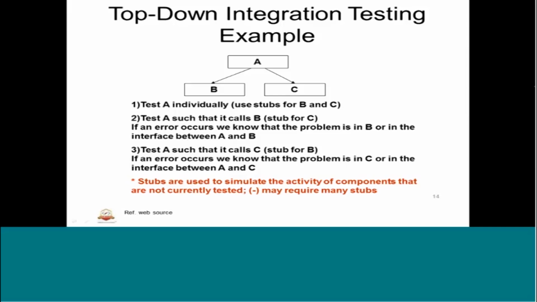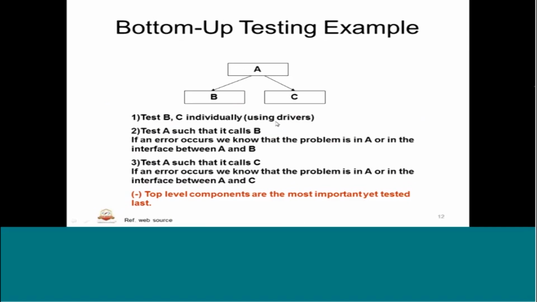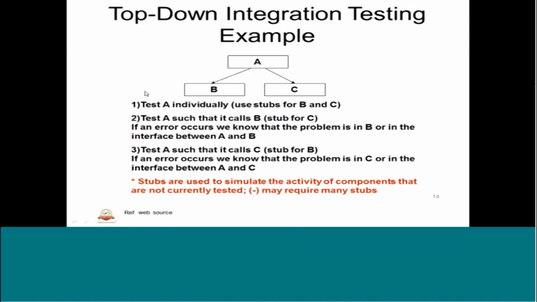Use stubs, as I said, for B and C. That means definitely we need stubs because A needs to call an executable line that it has. So we don't have a B, so we are going to have a small stub which is similar to actual B and similar to actual C.